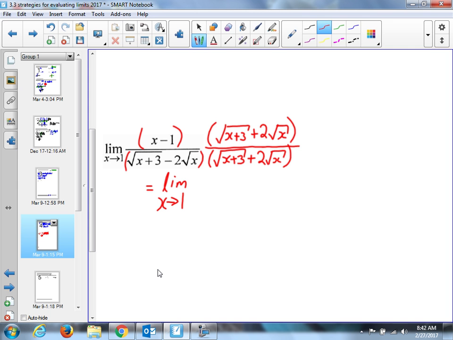So, keep the top as is. Work that out too. The bottom is a difference of squares because we created it that way. So the root times root is x plus 3 minus, here's, oh wait, what do we get there?